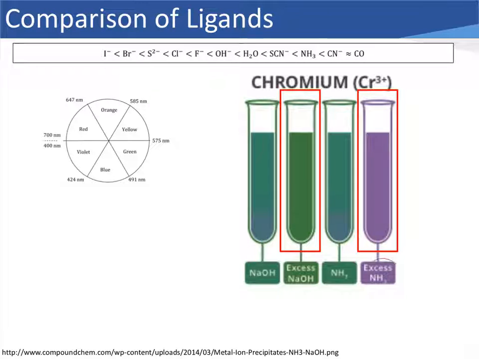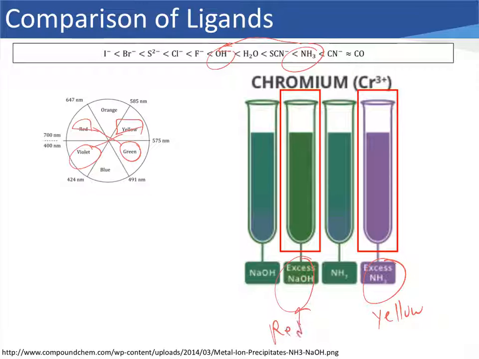I have ammonia and I have hydroxide. Ammonia is a stronger ligand than hydroxide. Ammonia is violet, so it absorbs yellow, and hydroxide is green, so that means it absorbs red.